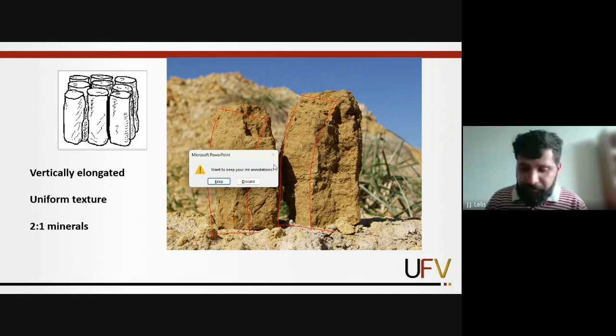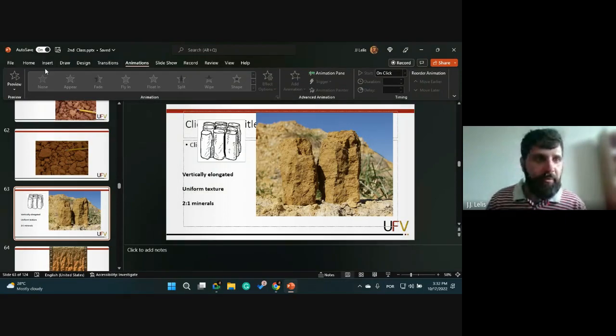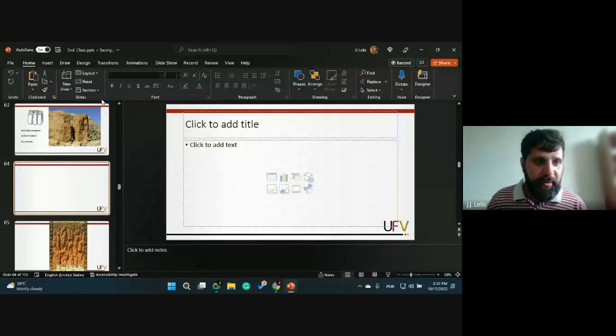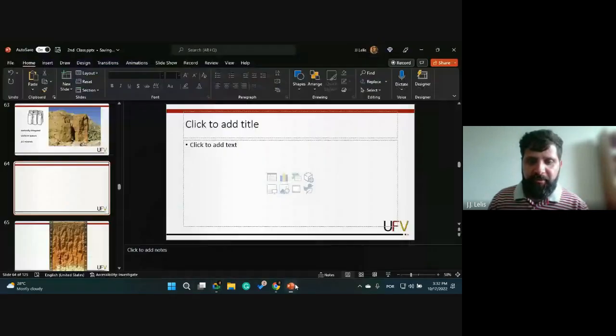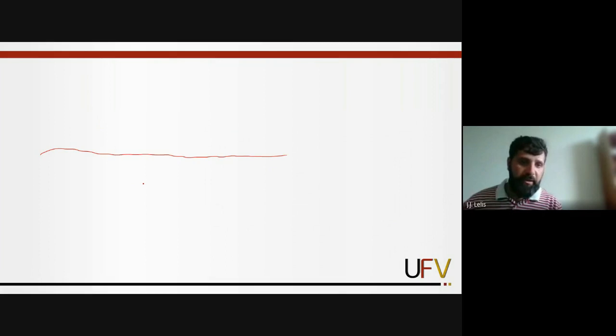Let me draw this so it could be easier to understand. I'm sharing my screen. So you can see here, imagine that you have a surface here, in an area that you have a lot of high activity clays, and it starts to rain, and the water gets into the soil.